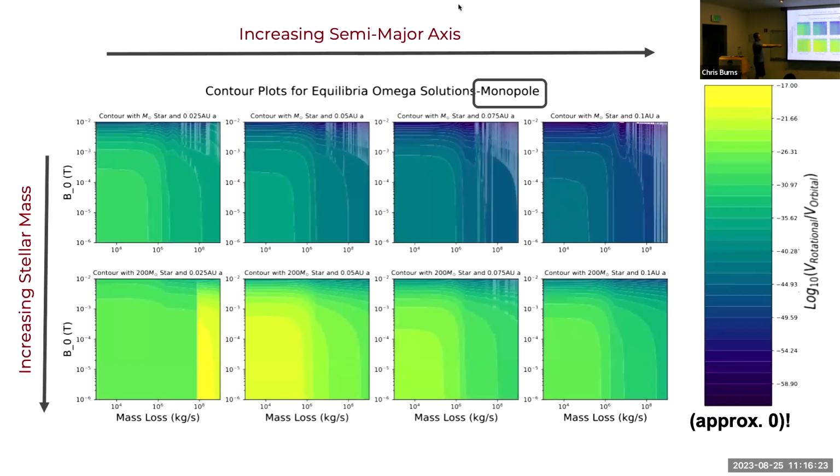These ones, right? Yes. So these happen at very large mass loss rates, and they happen around here in the corner. So this means there's a huge magnetic field. I would guess maybe because the mass loss is so high that the mass of the planet is increasing a lot.